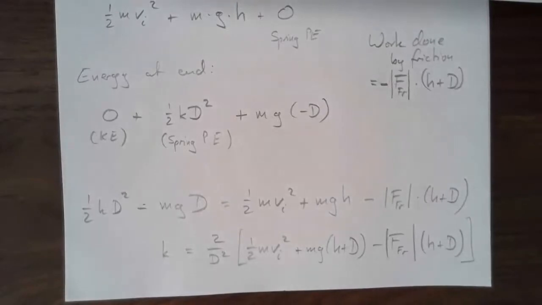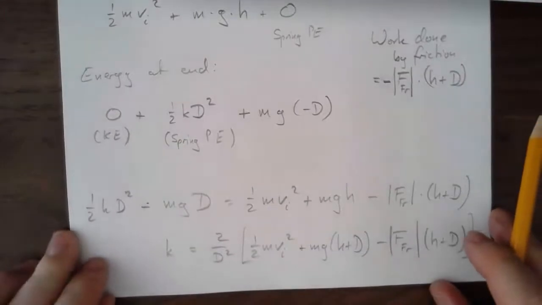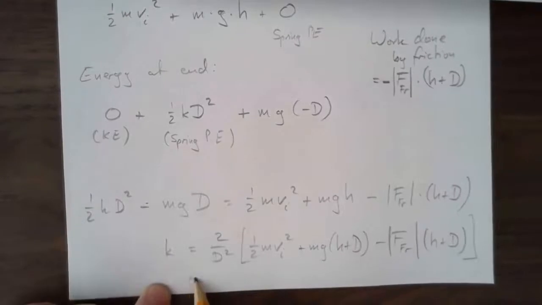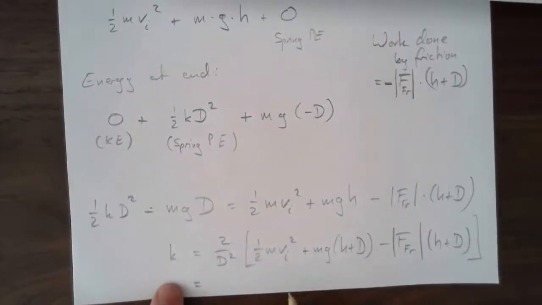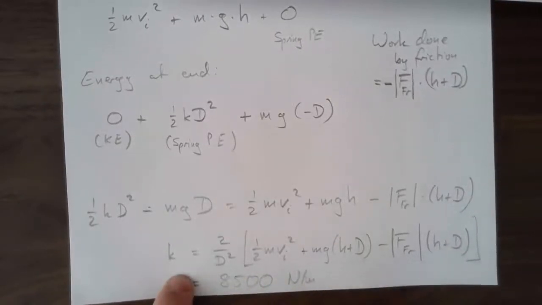And now at this point, all that is left is to literally plug in the values. Now please do it yourself. What I find when I'm doing this, so d is 4 meters, m 500 kilograms, you work it all out. The answer I come to is 8,500 newtons per meter.